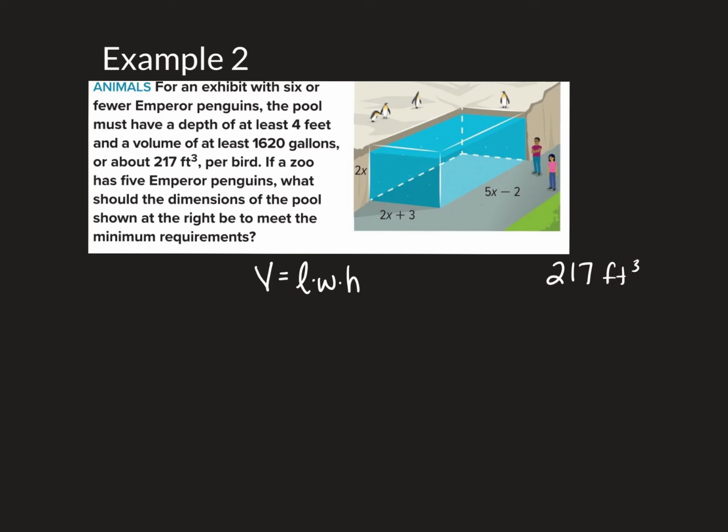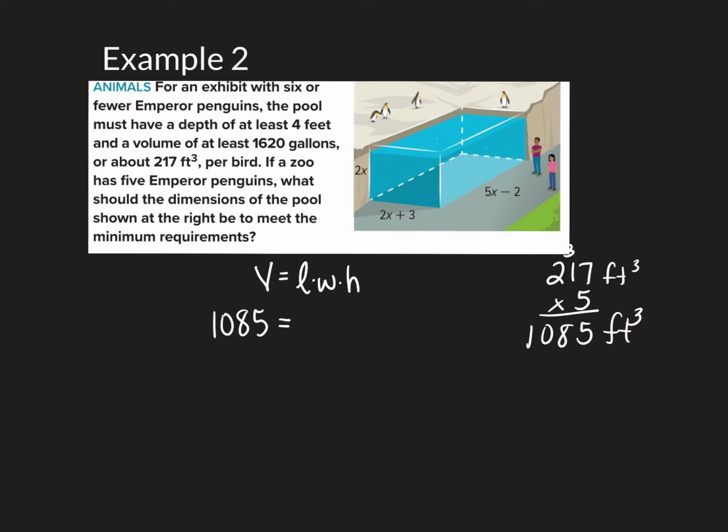So we want a pool for 5 emperor penguins, so I multiply 217 times 5, which is 1,085 cubic feet. My volume is going to be 1,085 cubic feet, and that's going to equal the length times the width times the height.